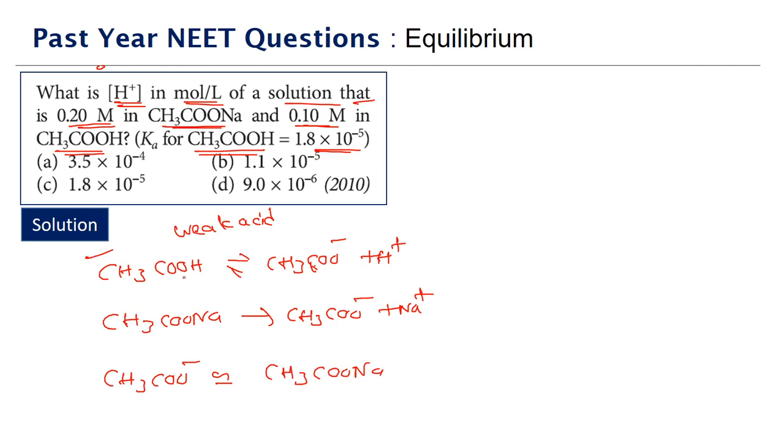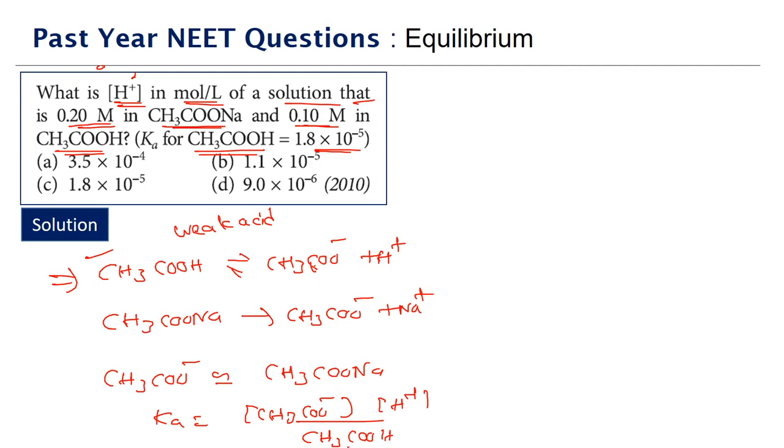So if you look at the Ka formula for the acid, what do we need to find in the question? We need to find the H plus ion concentration. For this acid, Ka is equal to CH3COO minus into H plus by the acid.